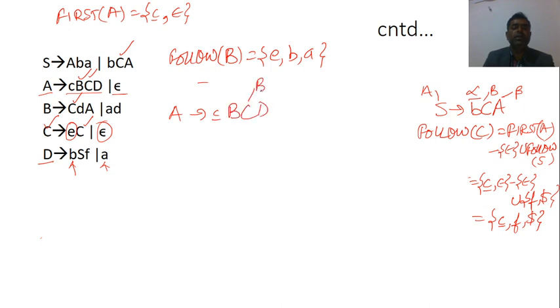This is our B. This one is our beta. This one is our alpha, and this one is A.